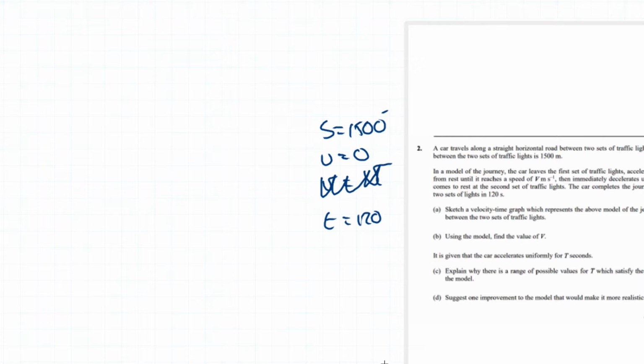So he wants a velocity-time graph. Again, we draw the axes here, and the first step is velocity-time, so v against t. We know that it will take 120 seconds to complete, and it tells us that in the model the car uniformly accelerates from rest until it reaches a speed v.